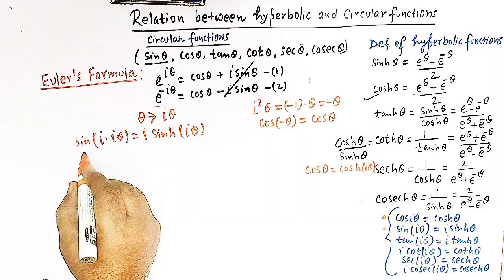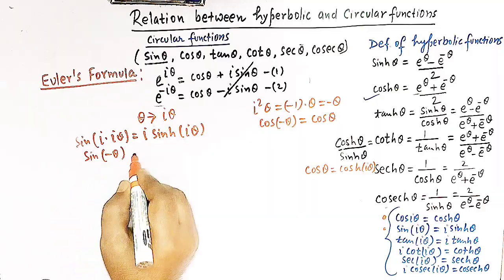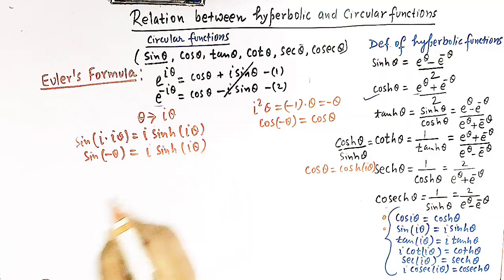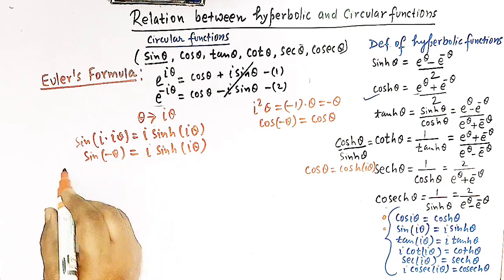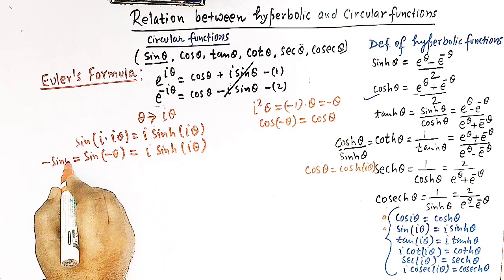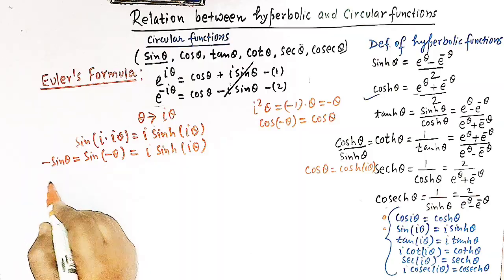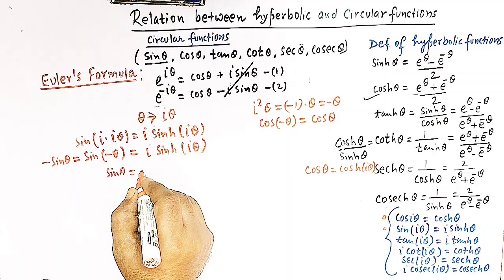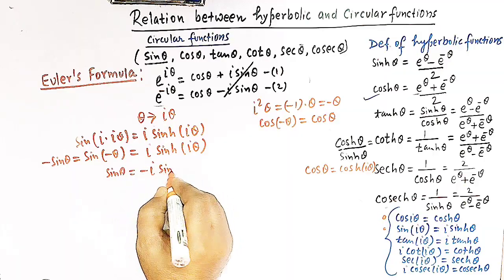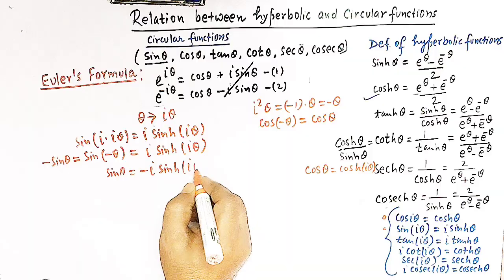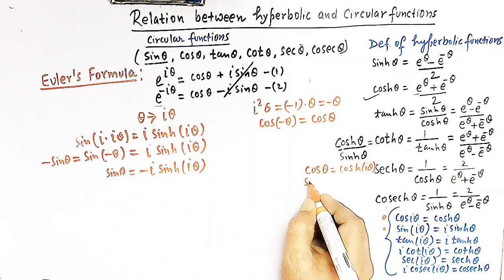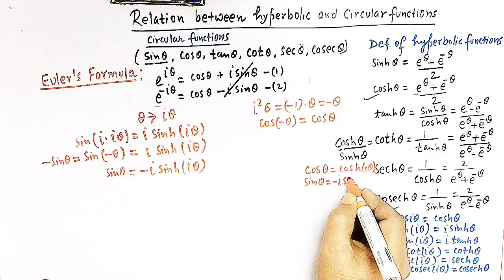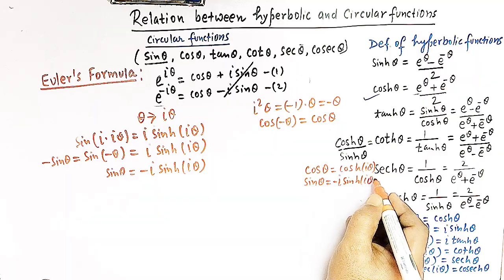So here we have sin of minus theta, equal to i sinh(iθ), and sin of minus theta is equal to minus sin theta from trigonometry. Taking this negative sign over here, we have sin theta is equal to minus i sinh(iθ). So we have this relation: sin θ = −i sinh(iθ).